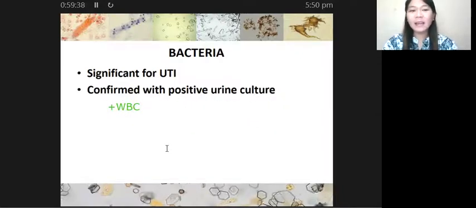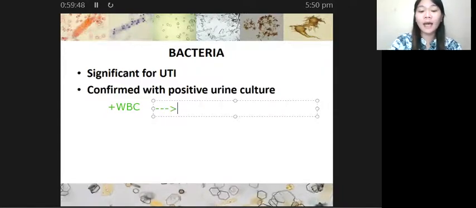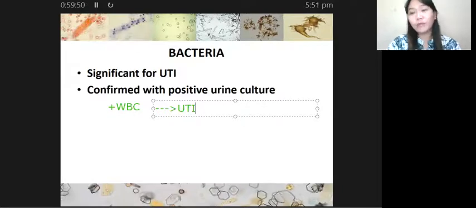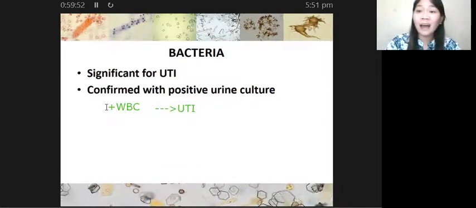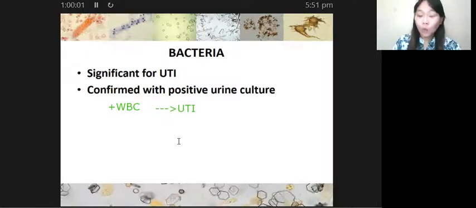Masasabi mo lang na UTI siya pag meron ka ding nakitang WBC. Doon mo lang masasabi na may UTI yung pasyente at hindi lang contamination yung bacteria na nakita natin. So it can indicate lower or upper UTI.